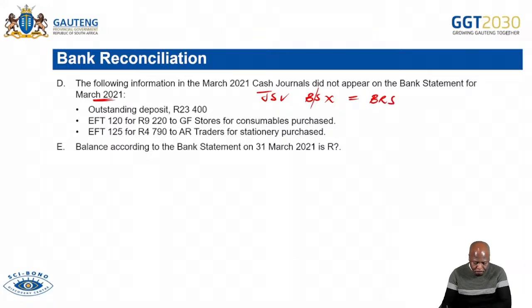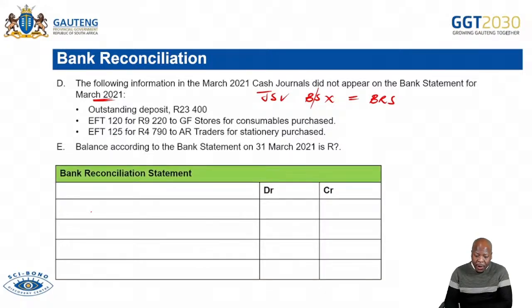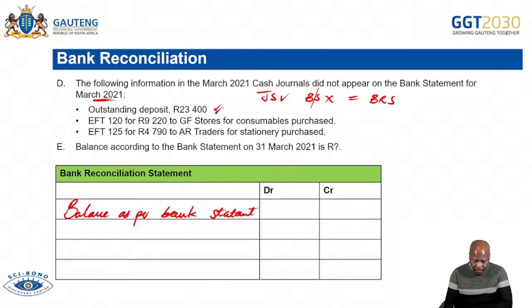Remember, we already have our format now. I'm just going to say it again. Here we start with our balance as per bank statement. Now, we have an outstanding deposit.